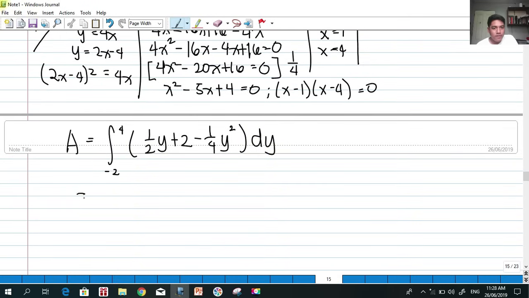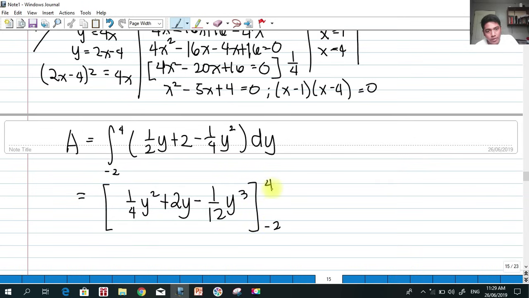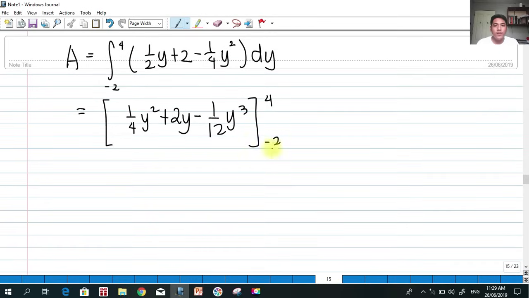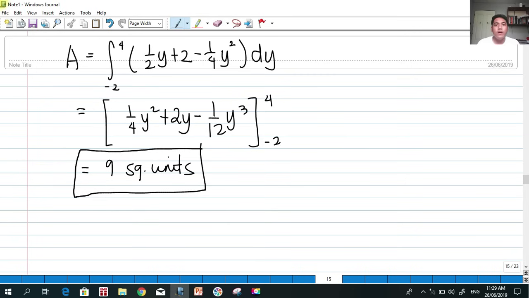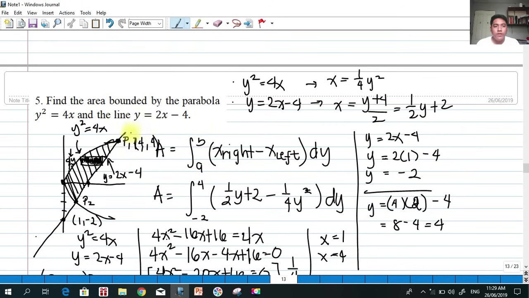Upon integrating, we have 1/4 of y squared, plus 2y, minus 1/12 of y cubed, evaluated from negative 2 to 4. If we calculate the definite integral, that should be equal to 9 square units.